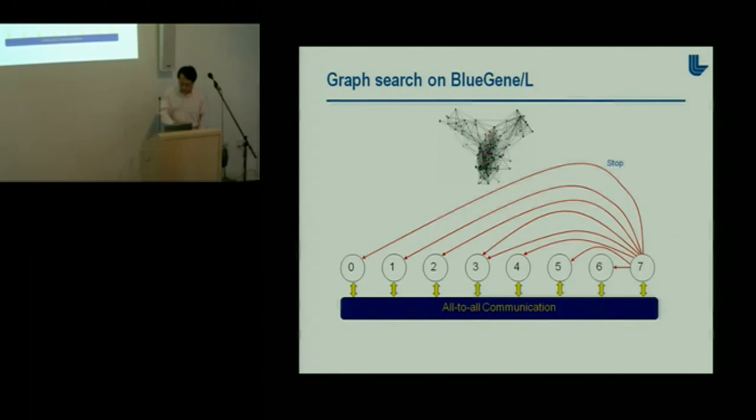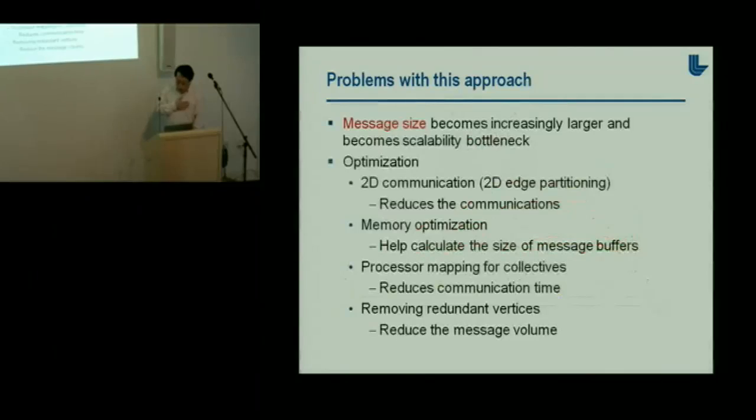The problem that we found was the message size. As I showed in the earlier slides, the message volume increases rapidly. Because of that, we had a lot of problems making it run on larger graphs, so we had to do a lot of optimizations. I'm not going to go into the details, but basically we used something called 2D edge partitioning to reduce the number of communications.